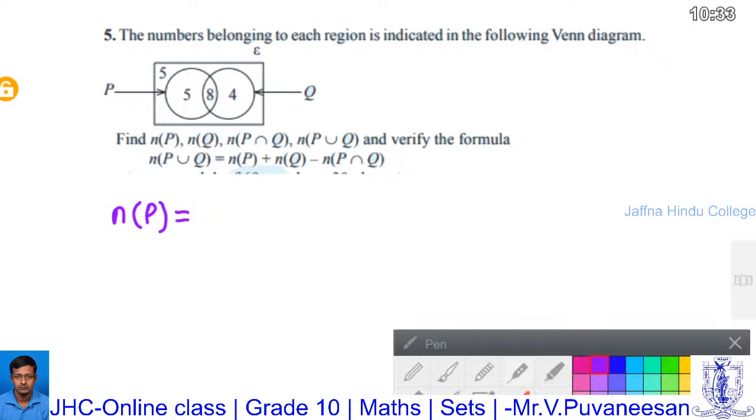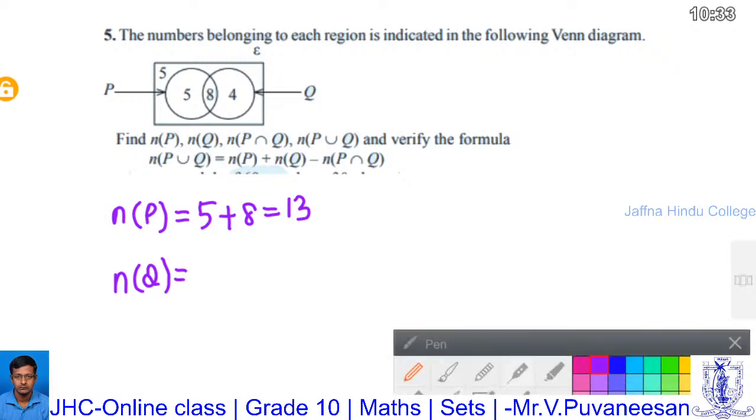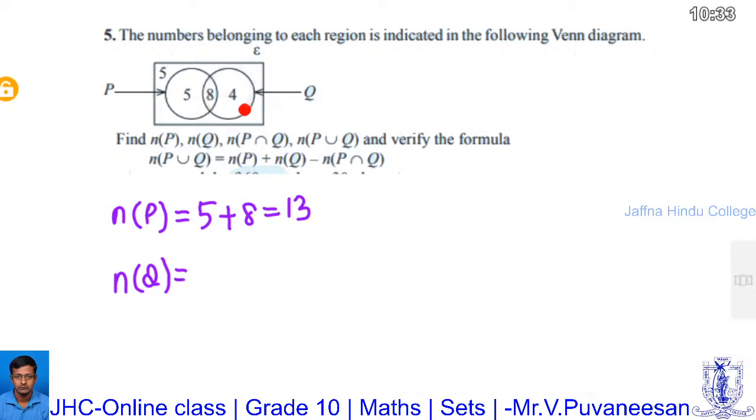Okay, next, number of Q. Number of Q means the elements belonging to the circle Q. 8 and 4, 8 plus 4, 12 elements.